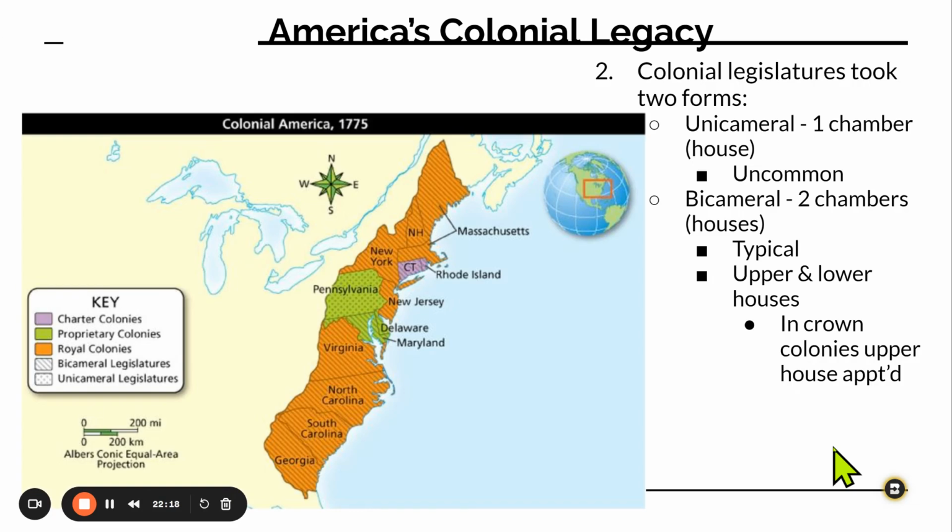Still, in the United Kingdom today, you have the House of Commons, whose members of Parliament are elected, and then you have the House of Lords, who are called peers, and they are either appointed to be in the House of Lords, or they're there by heredity. It's been passed down in their family for generations.